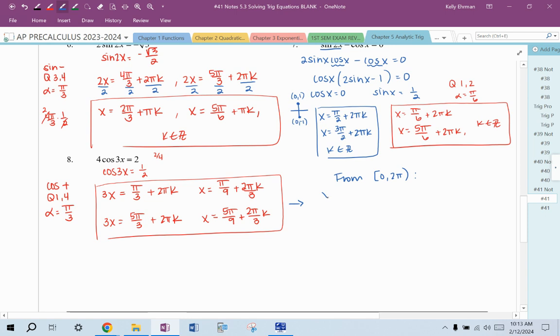So, okay, the first solution is if k is 0, we get pi over 9. That's the first angle. Now, add 2 pi over 3 to that. So really add 4 pi over 9 because you're trying to get a common denominator. So if I add 4 pi over 9 to pi over 9, I get 5 pi over 9. If I add another 4 pi over 9 to that, I get 9 pi over 9.